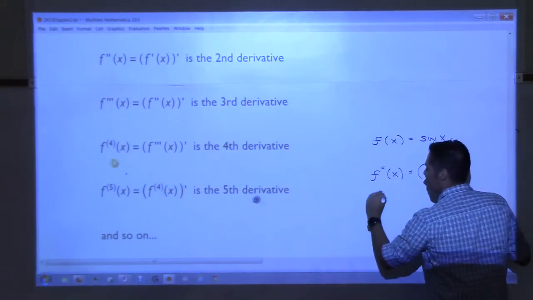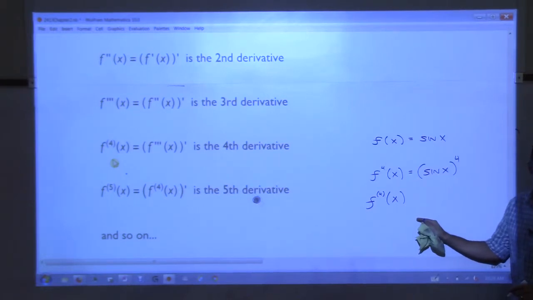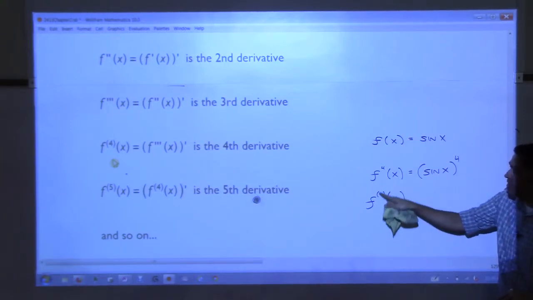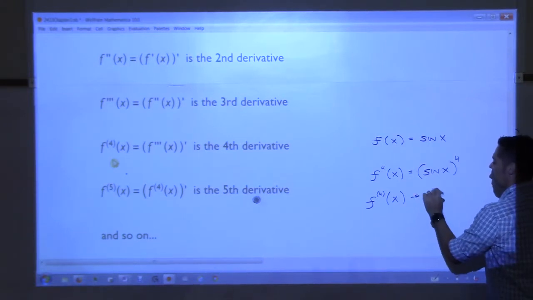If I write f with the parentheses around the 4, that means take the 4th derivative. That means take the derivative of sine, then again and again and again, 4 times. So we have to have some way of distinguishing between these two notations. So this means 4th derivative.